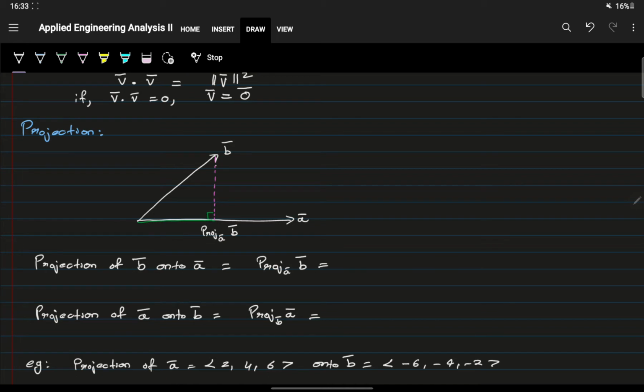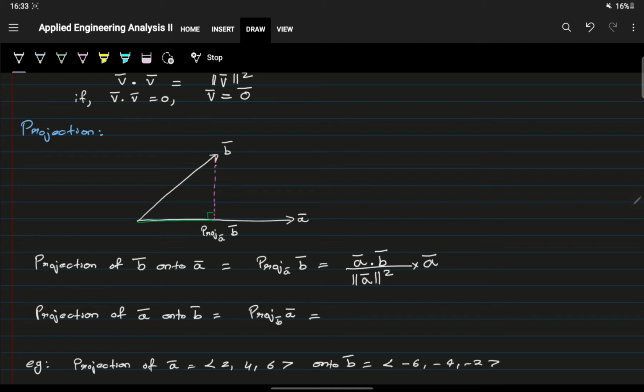Now let's talk about projections. Let us consider there are two vectors a and b. The projection of the vector b onto the vector a is provided by the formula: a bar dot b bar, the dot product of the two vectors, divided by the magnitude squared of the vector a, multiplied by the vector a.